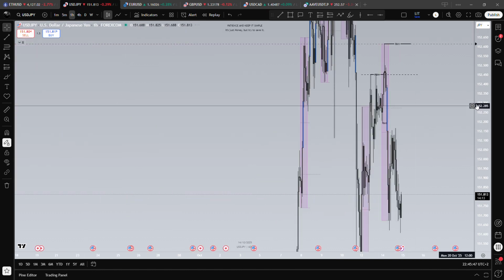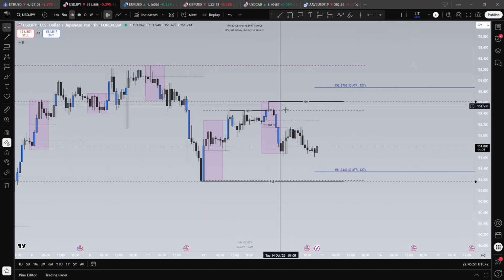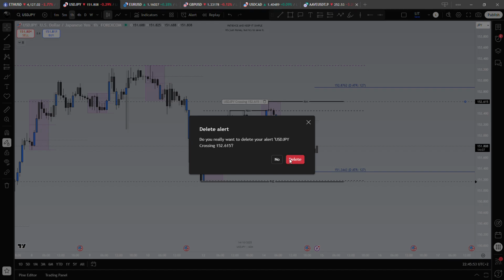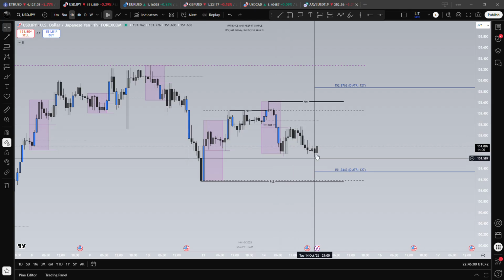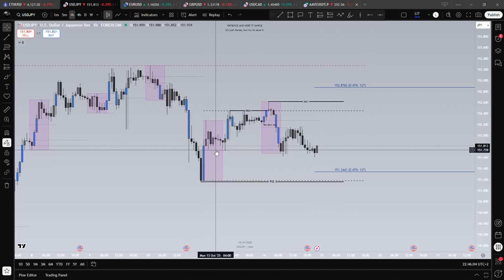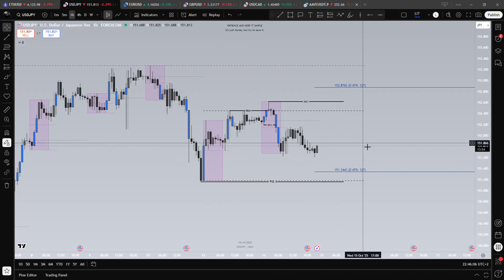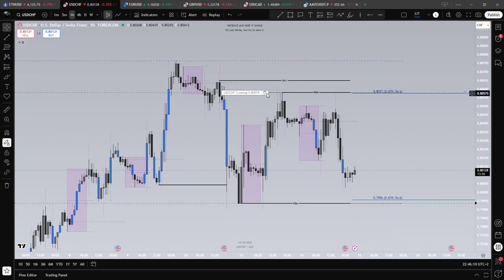USD JPY. Well, today on USD JPY we had nothing, like yesterday more or less. So we took the previous daily high and round liquidity on H1 to the downside, and it stayed ranging all day here. So nothing for me. Oh, sorry, USD CHF.